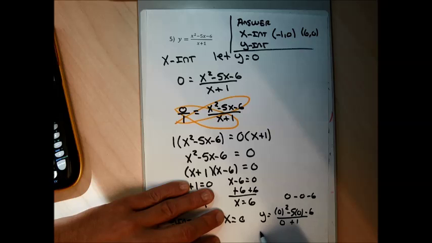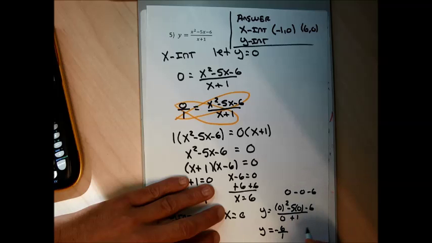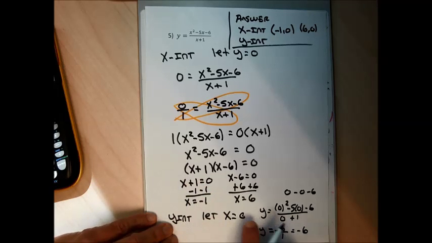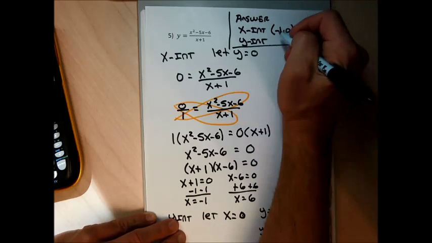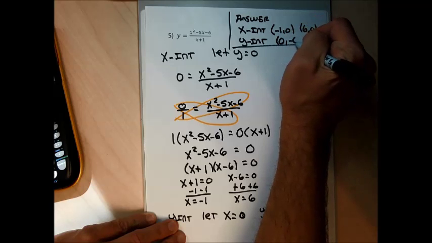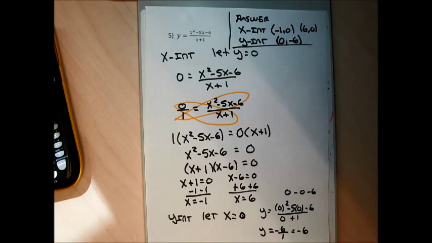The numerator is going to come out to be minus 6. And in the denominator, 0 plus 1 is 1. I'm left with negative 6 over 1, and that fraction reduces to negative 6. So the y-intercept, the y part's going to be negative 6. The x part's going to be 0. So for the y-intercept, I'm going to say it's the point (0, negative 6).